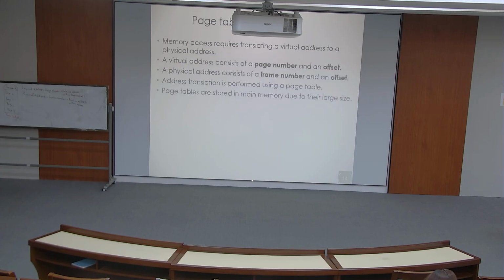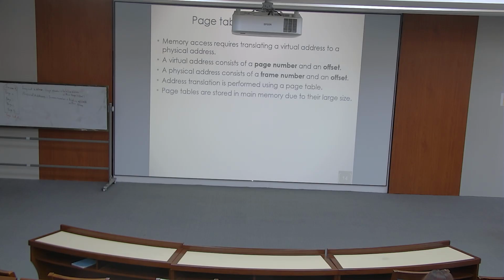Now, we have seen that for each process that is loaded into the main memory, a page table needs to be created to hold the mapping between the pages and the frames, because each page needs to be loaded into a specific frame in the main memory. Memory accesses require the translation of the virtual address, the logical address, which consists of the page number and the relative address within the page, to the physical address, which consists of the frame number as well as the relative address within the frame.